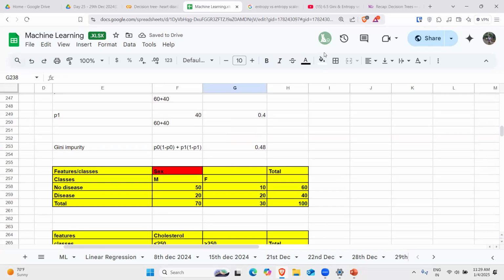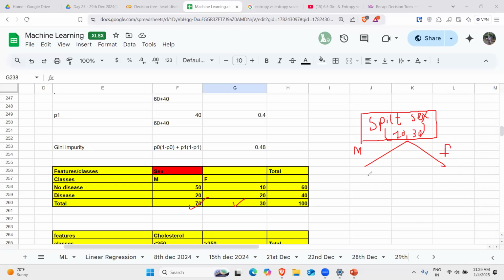Let's write this down. Split based on sex: we have 70 and 30, here male and here female. Class 0 and class 1 are 50 and 20 for males, and 10 and 20 for females.